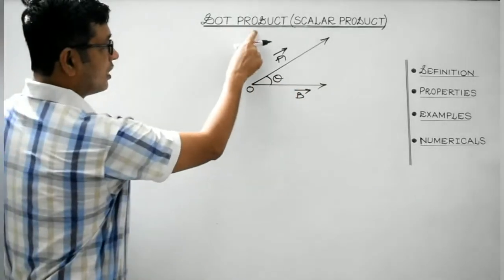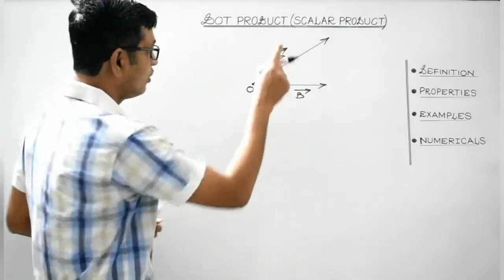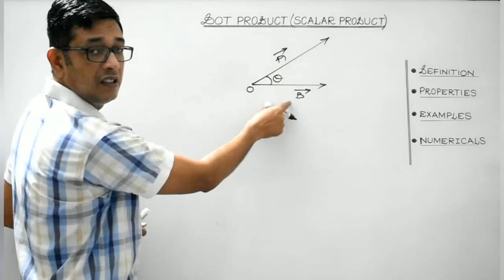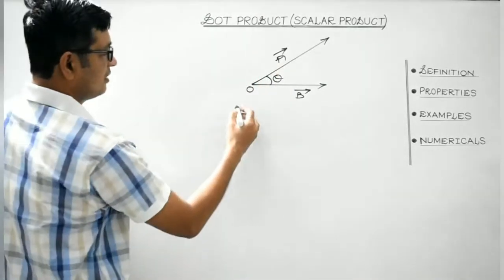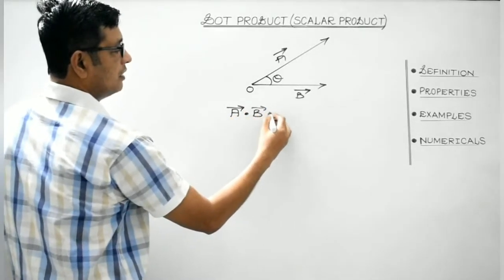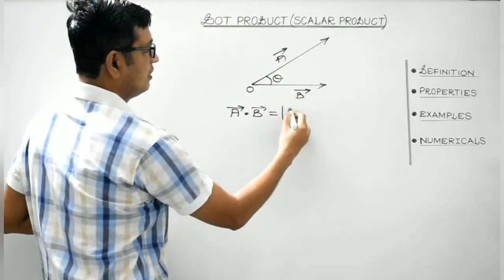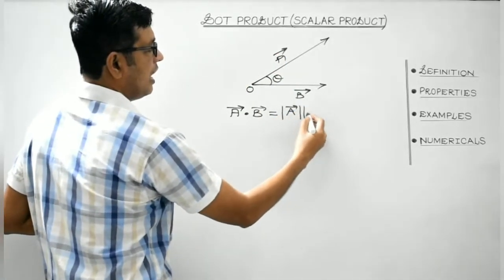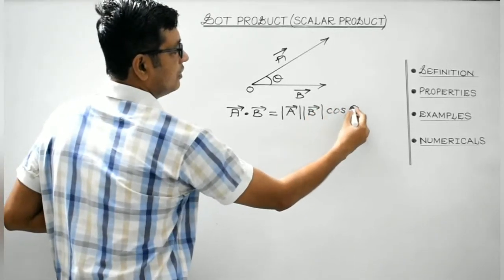Students, the dot product or the scalar product or the inner product of two vectors A and B, which are inclined at an angle theta, is defined as the product of magnitude of the two given vectors and the cosine of the angle between them.